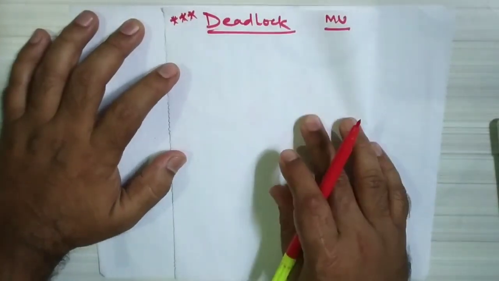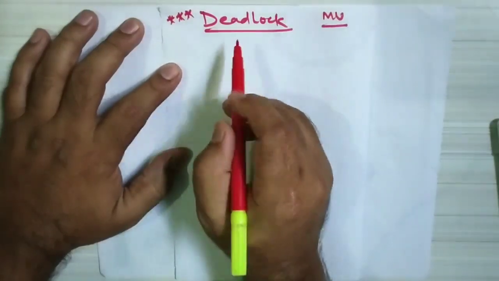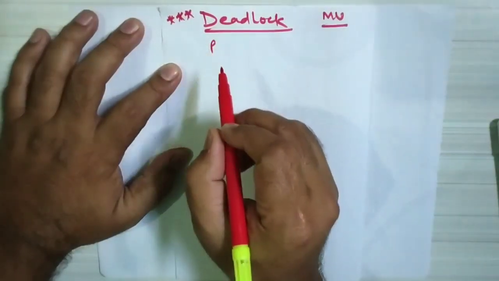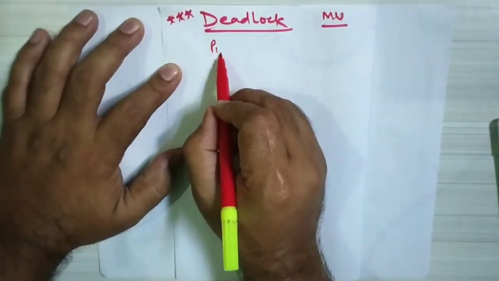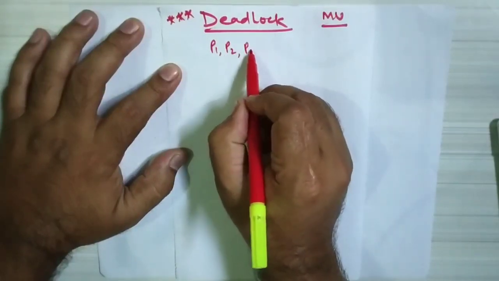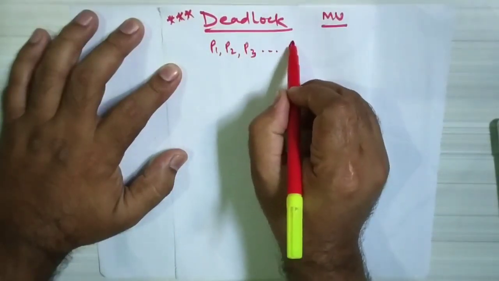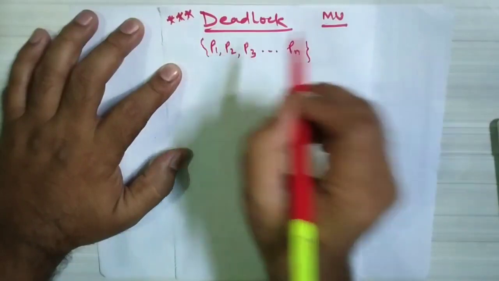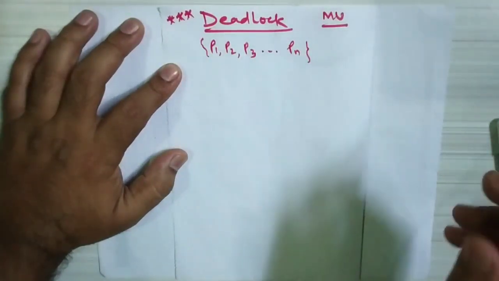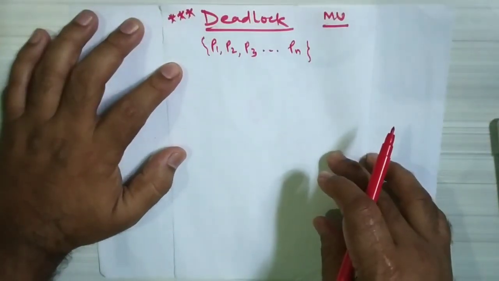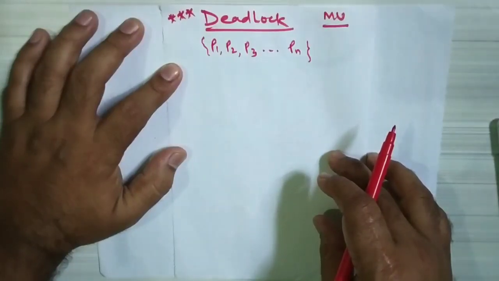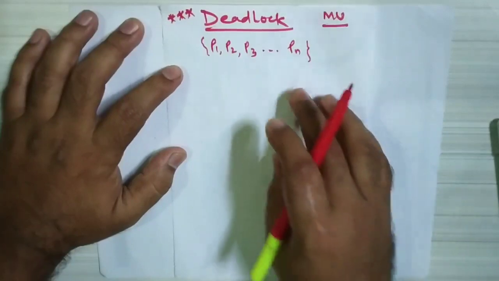First of all, imagine that we have a set of processes. Whenever we define a set of processes, we can write it this way: p1, p2, p3 up to pn. These are the processes which exist. If any process is holding a resource, we can represent it this way.